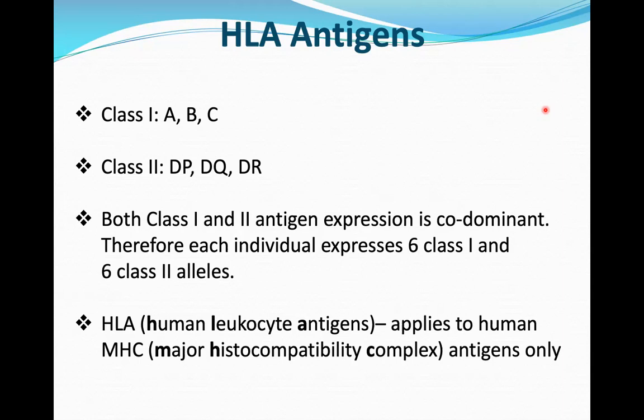In addition to expressing class 1, you also express class 2, DP, DQ, DR from your mother and father, which means that cells involved in the immune system, like dendritic cells, are expressing a total of 12 HLAs, 6 from class 1 and 6 from class 2. That's a favorite MCQ question of mine, as you may have noticed.